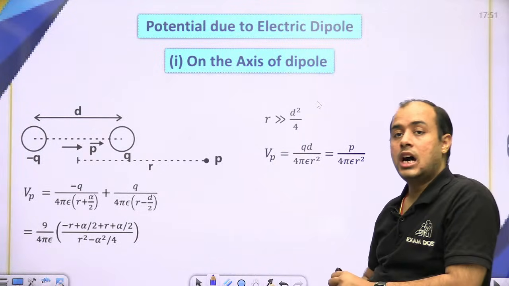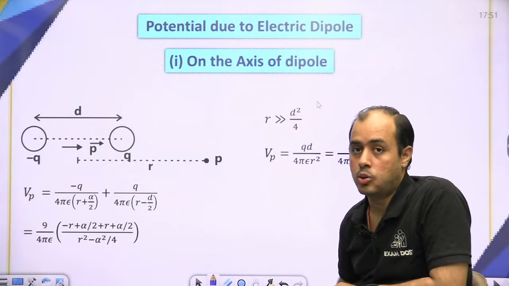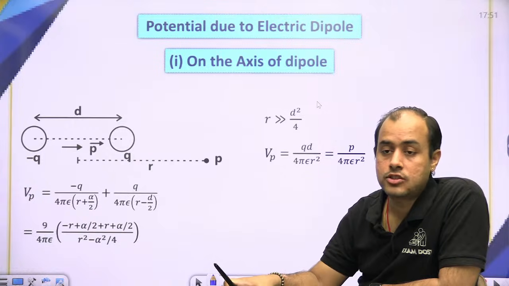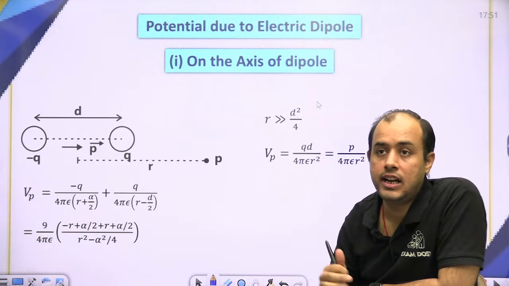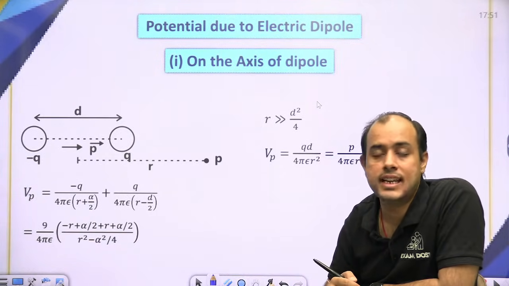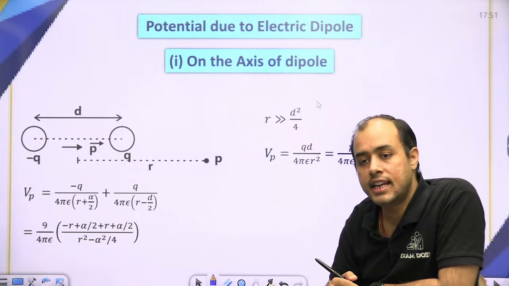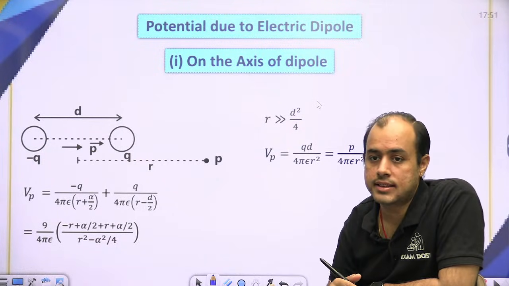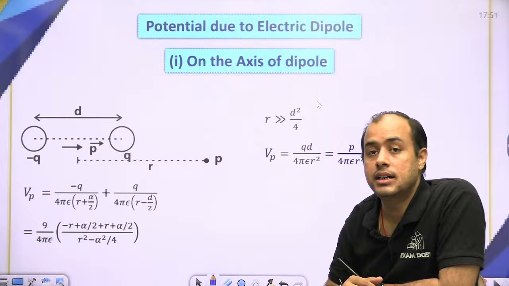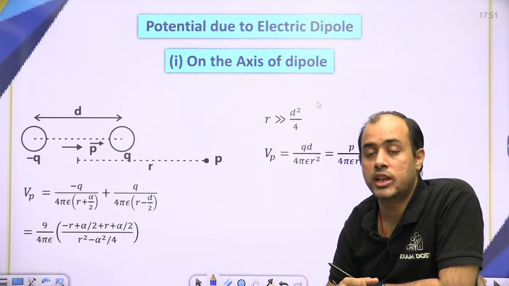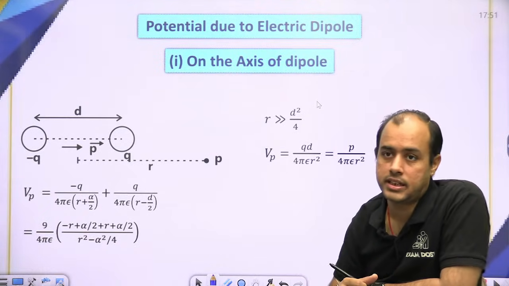Now we will talk about a dipole. In dipole, beta, we saw there are two types of electric field, one on the axis, one on the equatorial position. Same way, here also we will do the same thing. But remember, it is very easy to find potential because it is a scalar quantity.